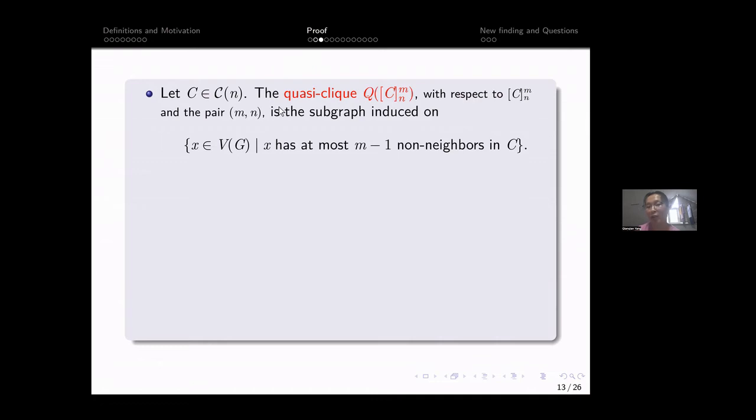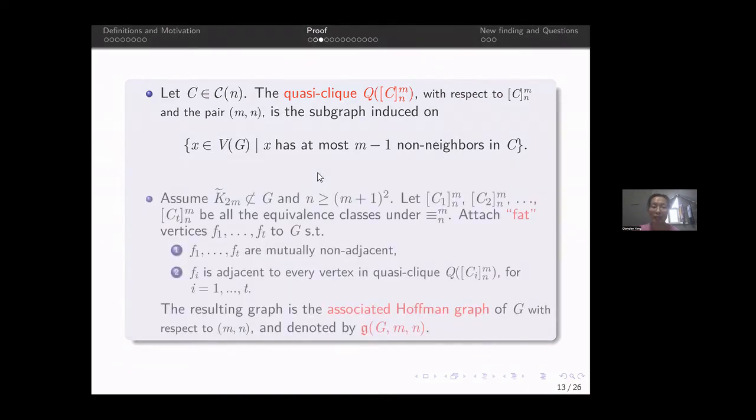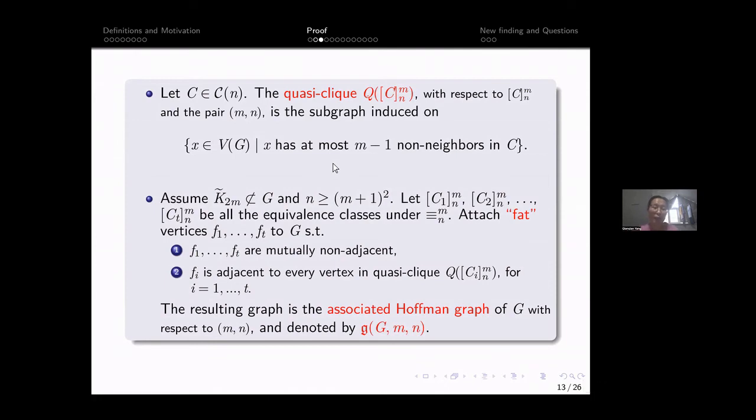This is what I wanted to say. And using crazy cliques, we can go to the associated Hoffman graph. This is also showing the outline.